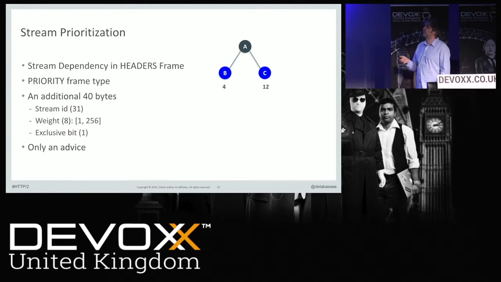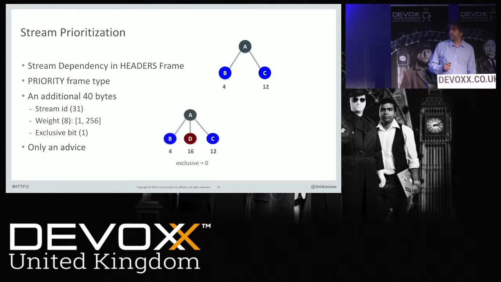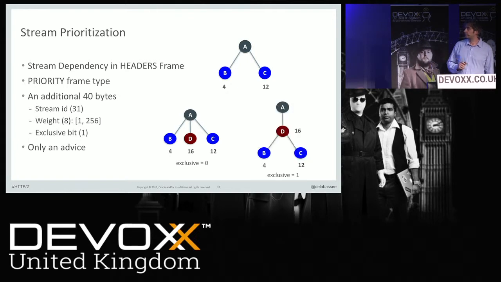Stream B and C depend on stream A. And in this case, we are giving advice to the server that in terms of resources, you need to spend three times more resources to try to deliver stream C than stream B. And we can clearly set a hierarchy in the priority. Again, that's something that might be useful if you are developing backend applications.